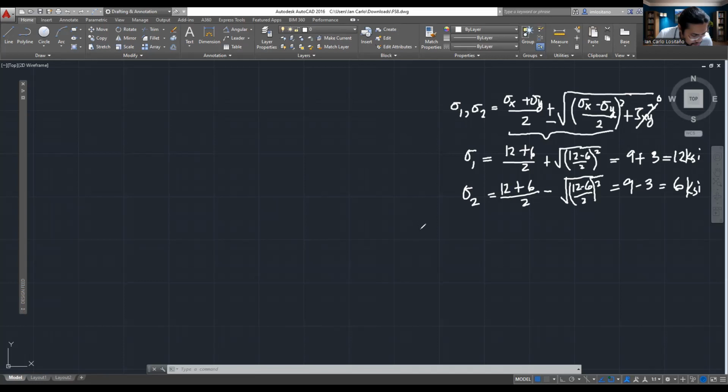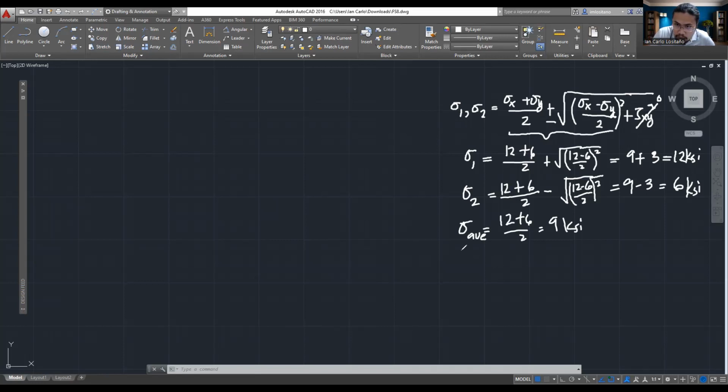Your average is going to be 12 plus 6 over 2, which is 9 KSI. Later we'll use the Mohr circle to show the relationships of these equations.